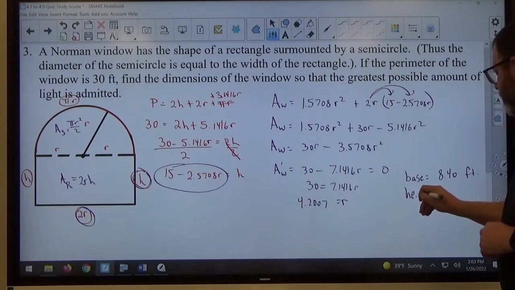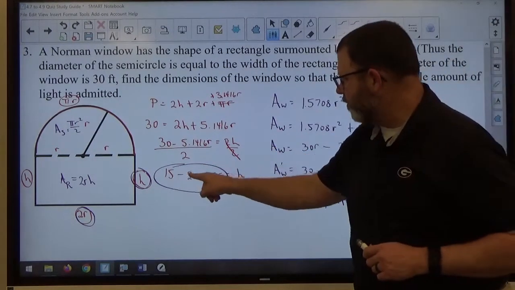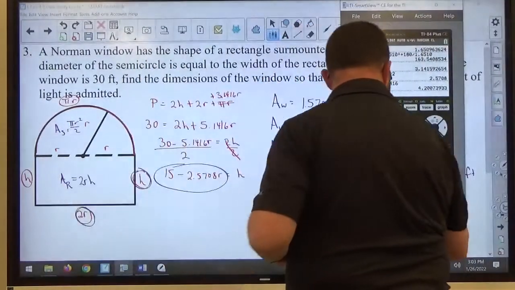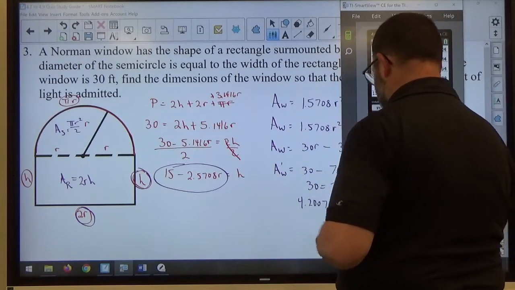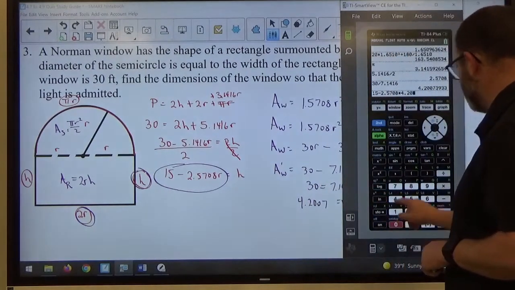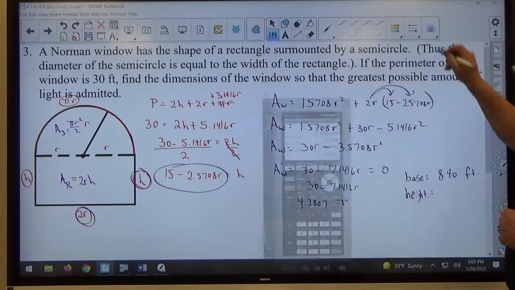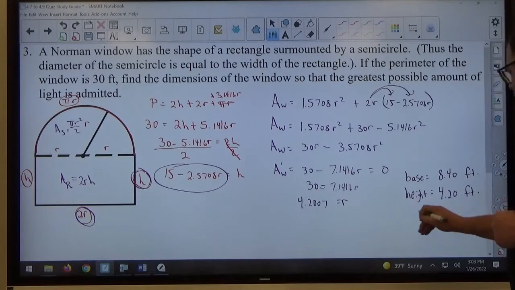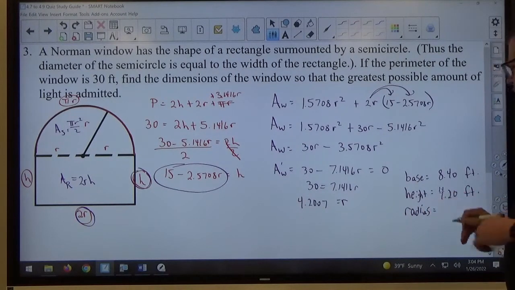The height equals, height is 15 minus 2.5708 r, so if I do 15 minus 2.5708 times 4.2007, it comes out to 4.2008, so 4.20 for the height. And the radius of the semicircular top part is going to be 4.20.